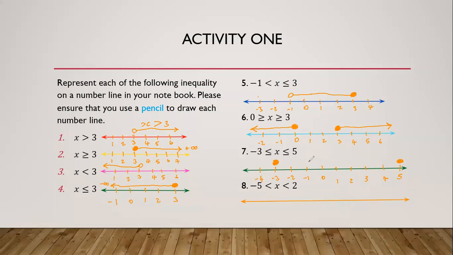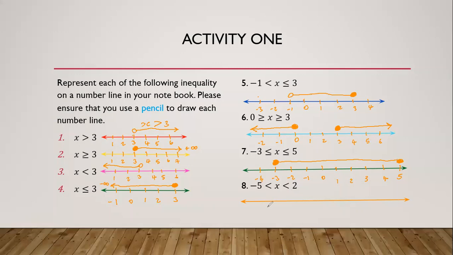So it comes back this way. So all we're going to do is draw one line from this circle connecting to the other circle. And that would be the region that satisfies number 7, this inequality, which is x greater than or equal to -3 and x is less than or equal to 5. So that's it.